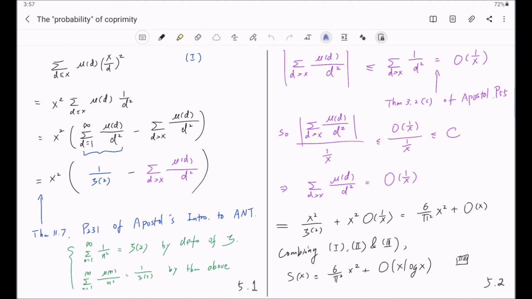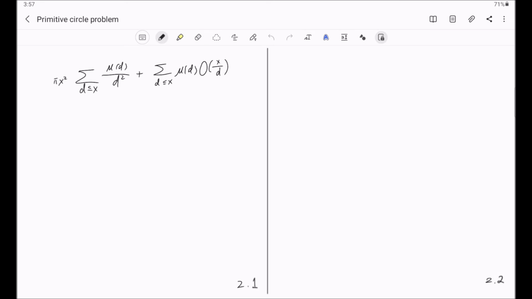So, we'll just apply the result we got earlier. And this first term will be equal to pi times 6 over pi squared times x squared plus the big O of x.